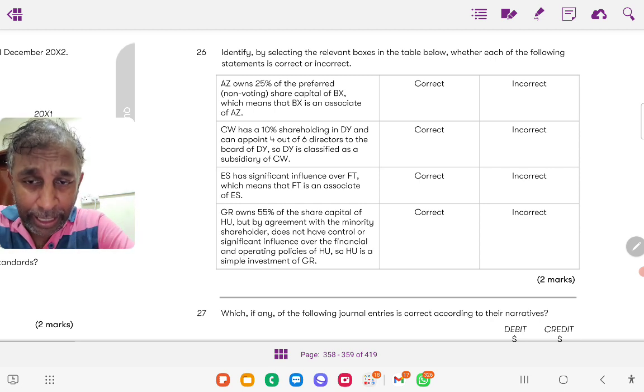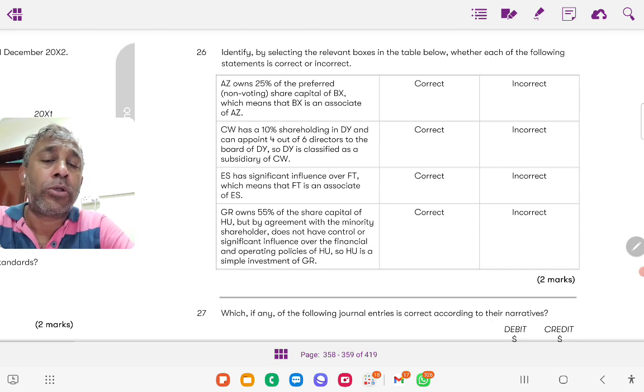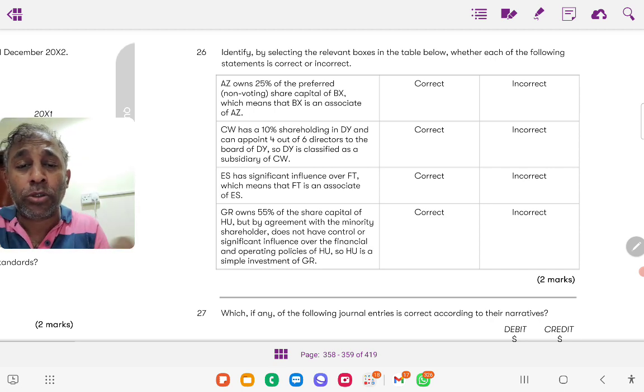Accordingly, having 25% of the preferred share capital will not mean that it is an associate. So the answer is incorrect. CW has a 10% shareholding in DY and can appoint 4 out of 6. Note this, 4 out of 6 directors, meaning a majority of the directors can be appointed by the investor company to the investee company.